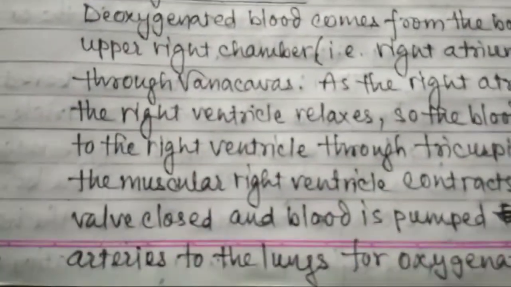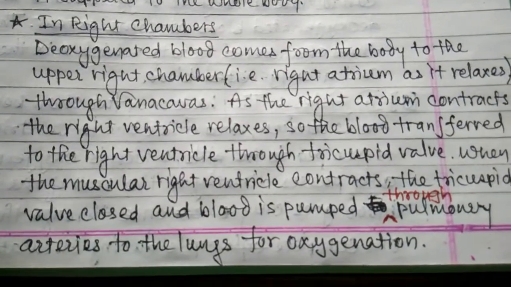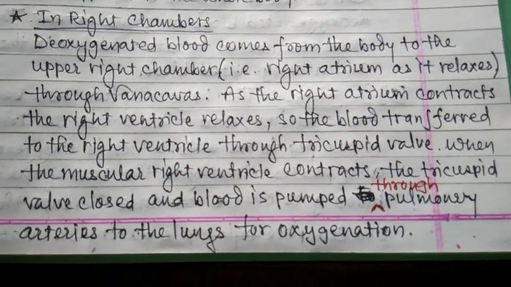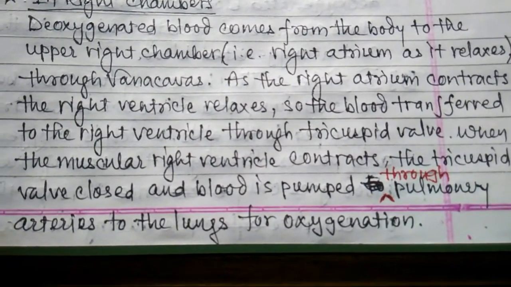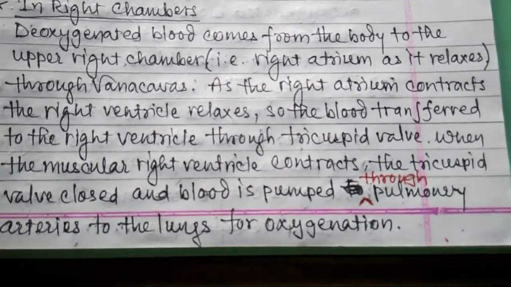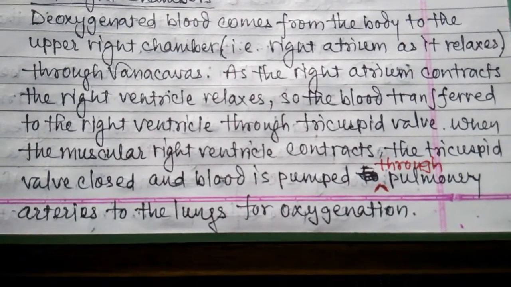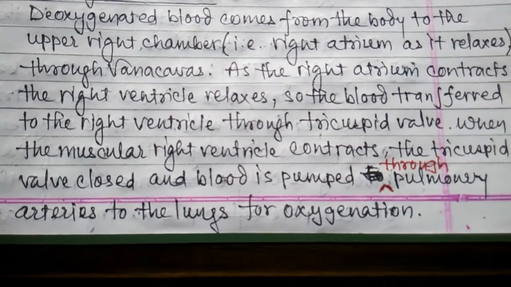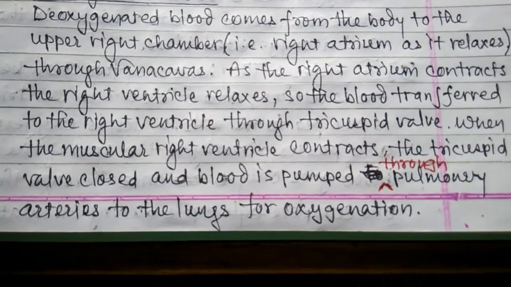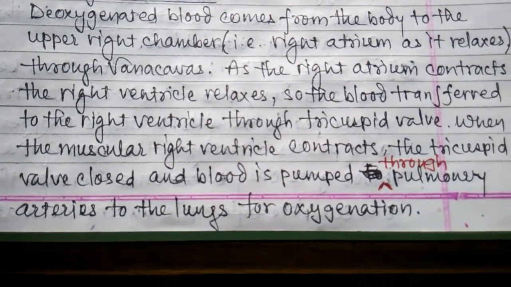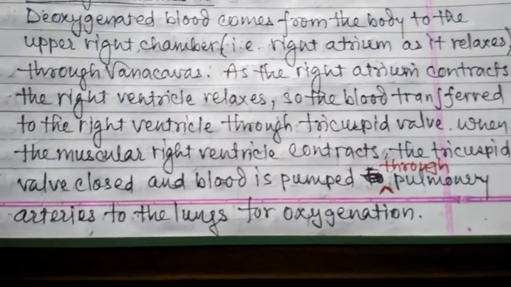Now, in the right chambers, deoxygenated blood comes from the body to the upper right chamber, the right atrium, through the vena cava. As the right atrium contracts and the right ventricle relaxes, the blood is transferred to the right ventricle through the tricuspid valve. When the muscular right ventricle contracts, the tricuspid valve closes and blood is pumped through pulmonary arteries to the lungs for oxygenation.